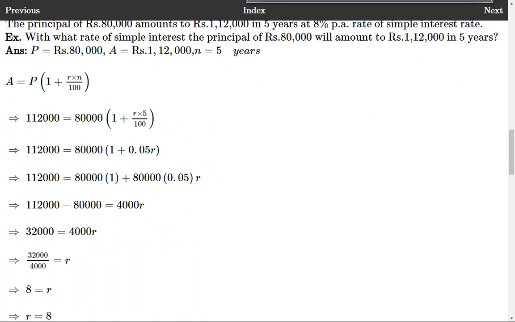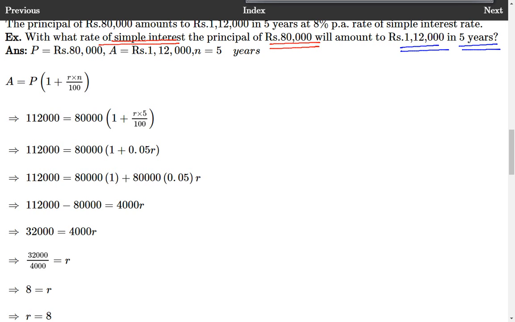With what rate of simple interest will the principal of rupees 80,000 amount to rupees 1,12,000 in 5 years?